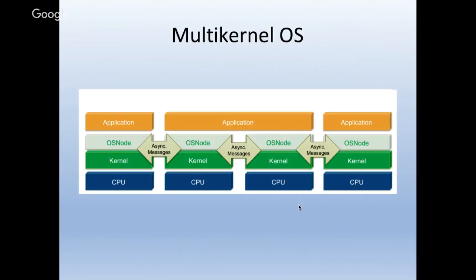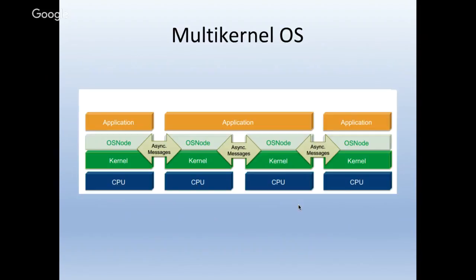So, we argue that a good architecture model for dealing with dynamic cores, adapting to heterogeneous cores, or changing software requirements is a multi-kernel model. In a multi-kernel model, each core runs a separate kernel, and the state is kept as per-core state in what we call an OS node.